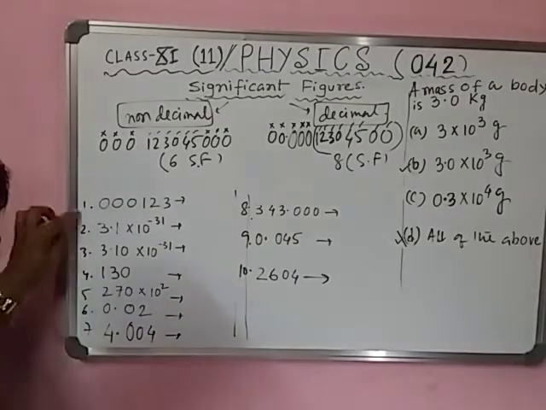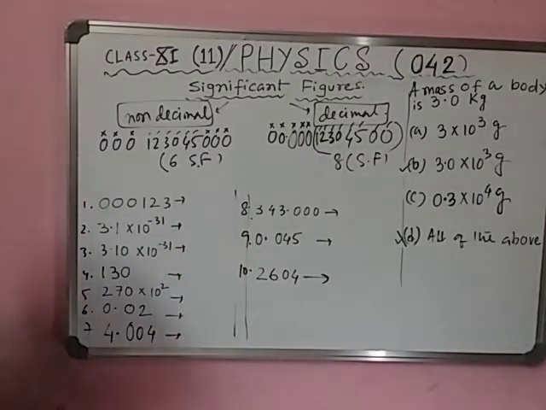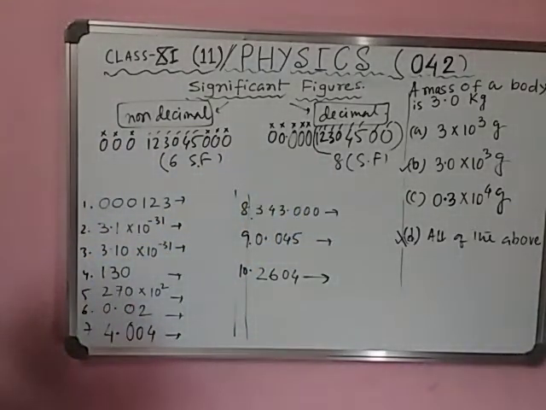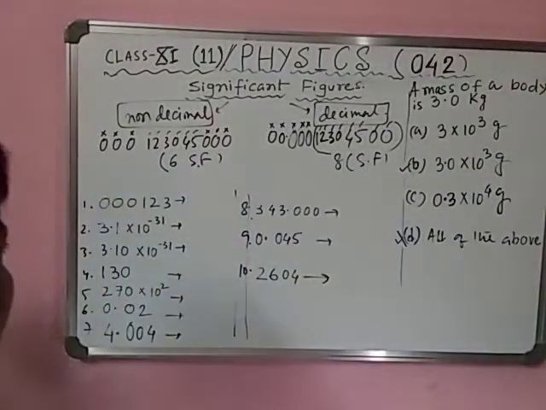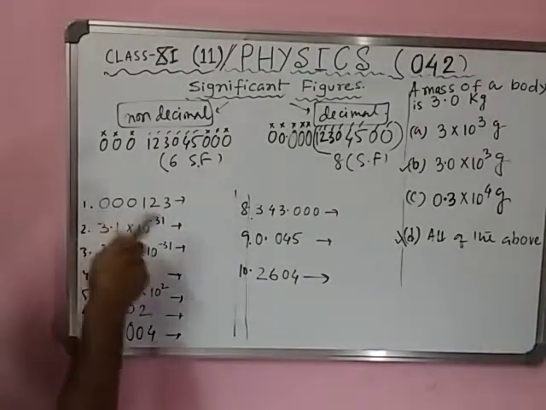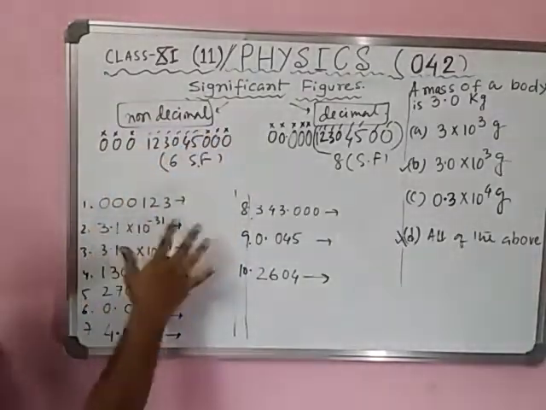There are 10 numbers given. You have to find the number of significant figures. Please pause the video and just follow these two rules.